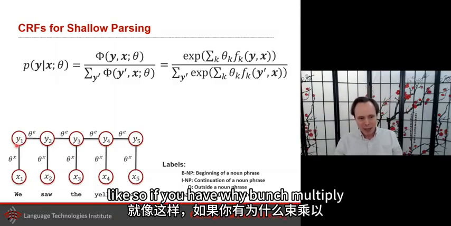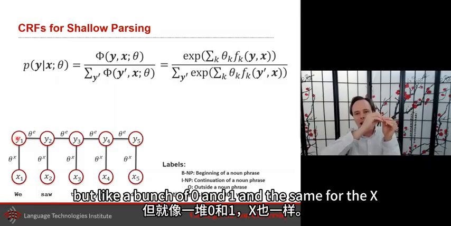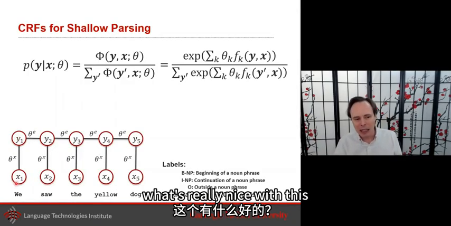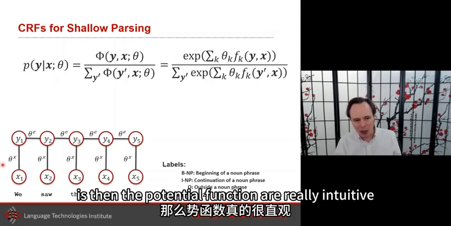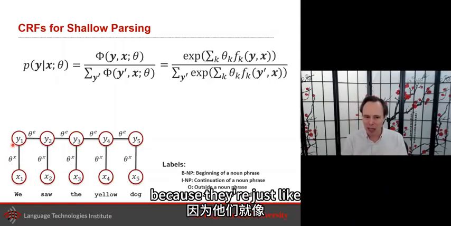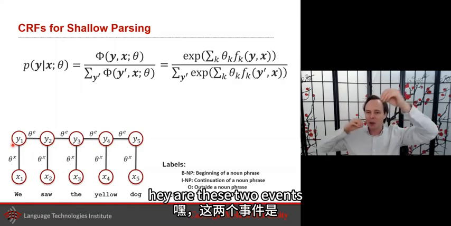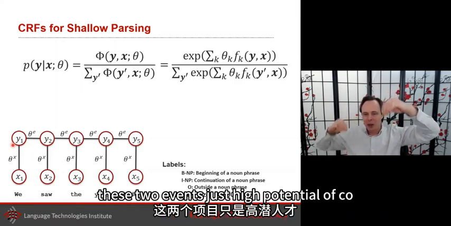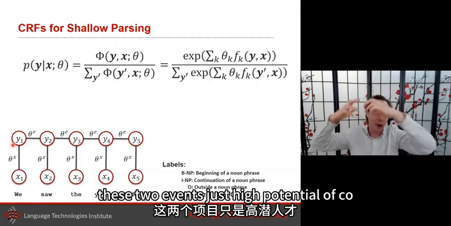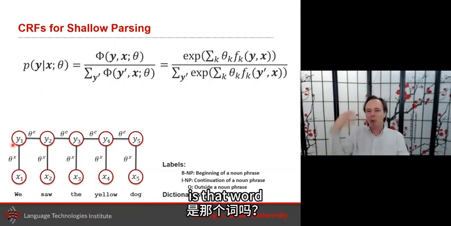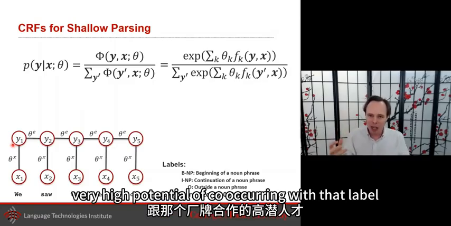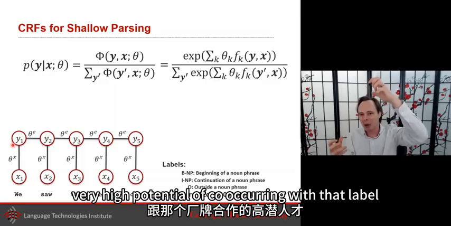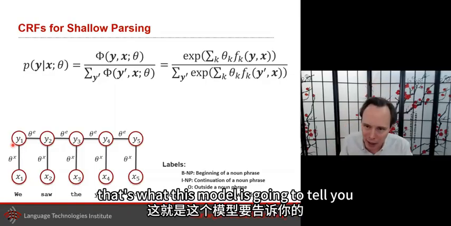Y is a multivariate bunch of 0 and 1, and the same for X. What's really nice is that the potential functions are really intuitive, because they're just asking: are these two events of high potential of co-occurring at the same time? Is that word very highly likely to co-occur with that label? That's what this model is going to tell you.